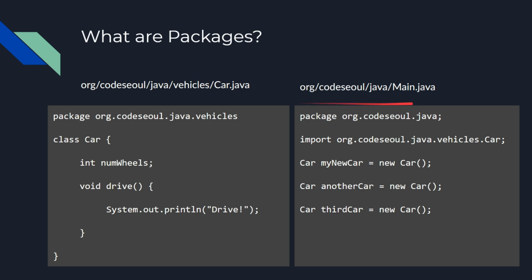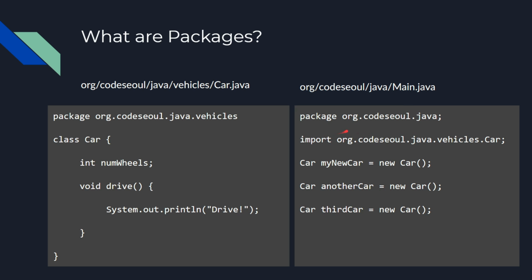And then we might have a separate class, right? A main class that's just in the Java package instead of the vehicles package. But then if we want to use our car class inside our main class, we have to import it. This is what importing is. It's basically taking code from another file and using it in this file. That's what import is. But when you do an import, you have to specify the name of the package.